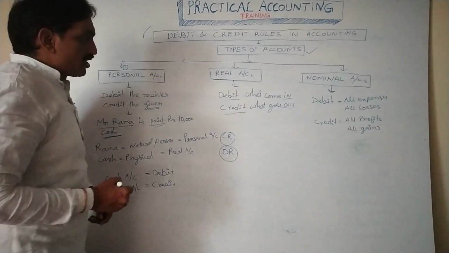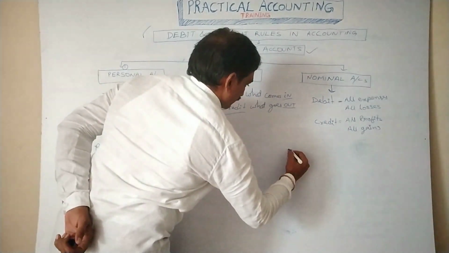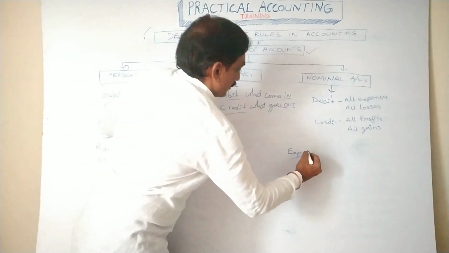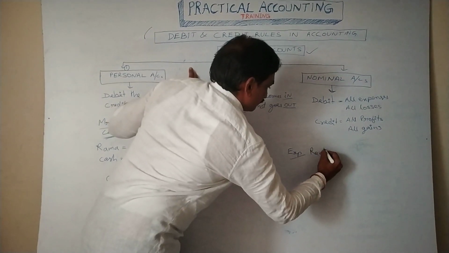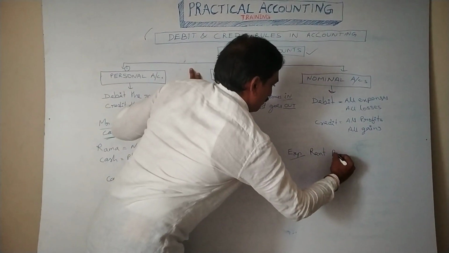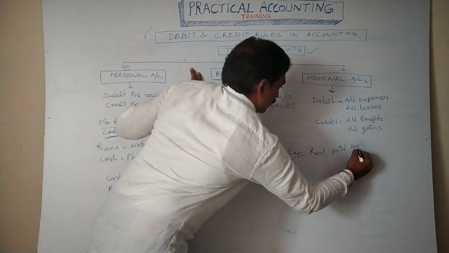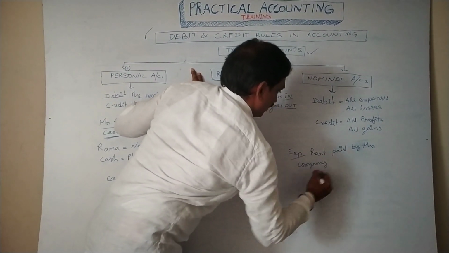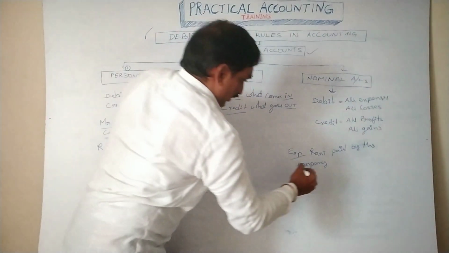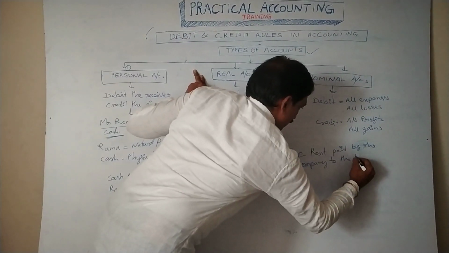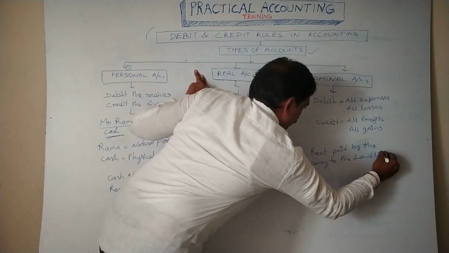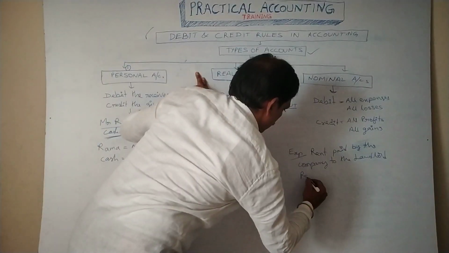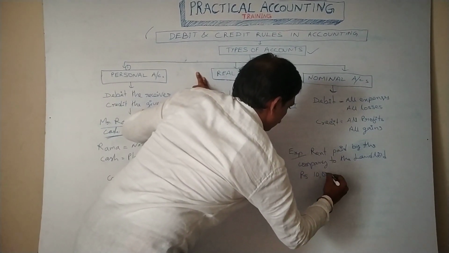Suppose, let us see one example. Rent paid by the company to the landlord, rupees 10,000.